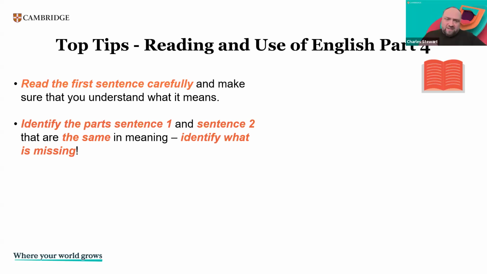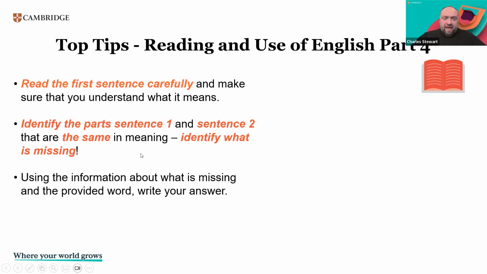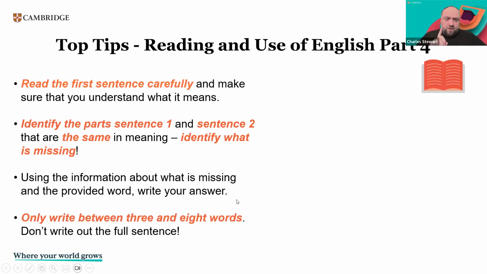The answer will always lie in what is missing in the second sentence. And then, of course, using the information about what is missing and the provided word, try to determine your answer. But do not write the full sentence on the answer sheet. Only the answer itself goes on the answer sheet, and it will always be between 3 and 8 words.